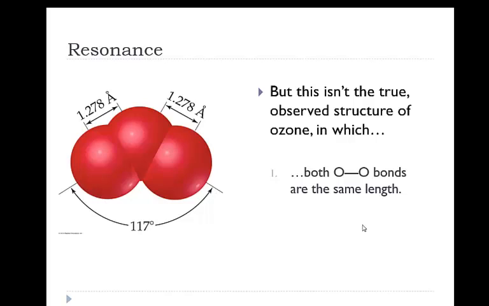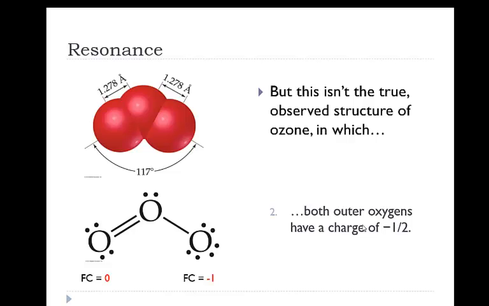Both of the oxygen-oxygen bonds are the same length and the same strength. Also, each of the outer oxygens has a charge of -1/2. Notice the formal charge, the way it's written with one double bond and one single bond: a formal charge of 0 on the left oxygen and a formal charge of -1 on the right.